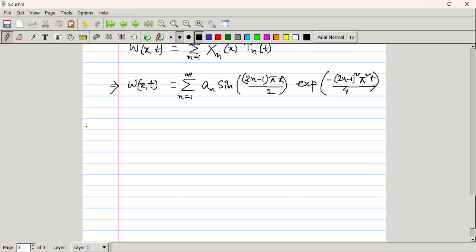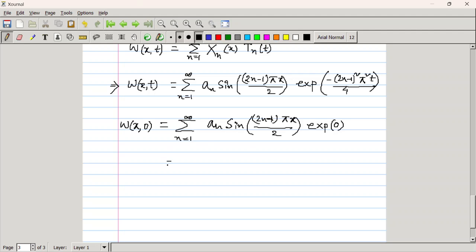So I am putting t equal to 0. So w(x, 0) is the summation from n equal to 1 of a n sine (2n minus 1) pi x by 2 into exponential of 0, which is 1. Exponential means e power; I am putting t equal to 0, so exponential 0 equals 1.